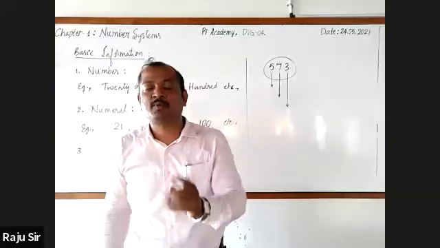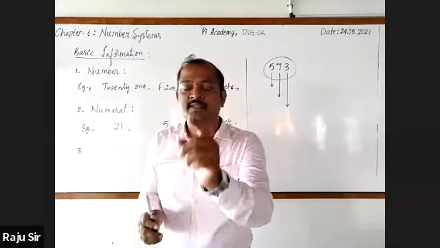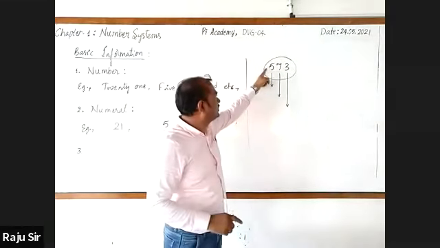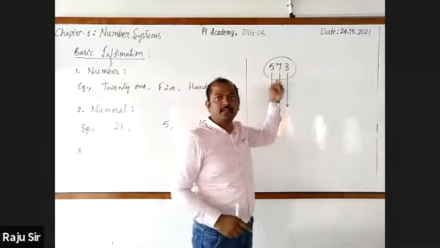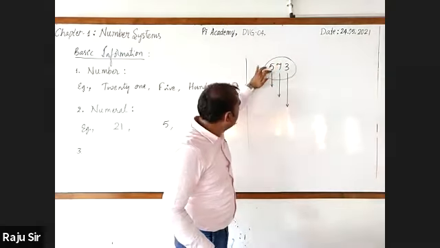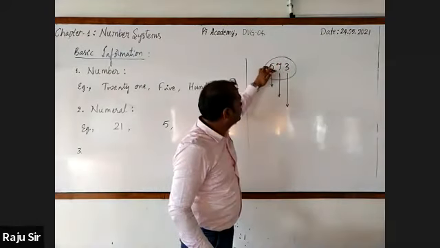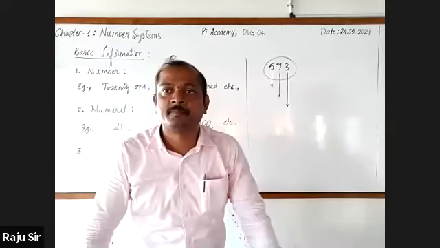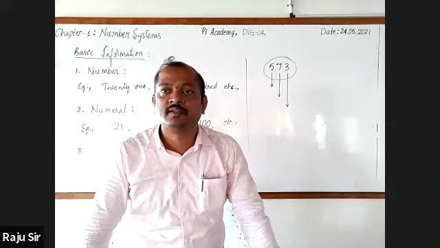Please understand my question. What do you call the symbols that we use to write the numerals? Any numeral, 573. It's a numeral. To write this numeral, we have used the symbols 5, 7, and 3. What do you call these symbols? Digits. Very good.